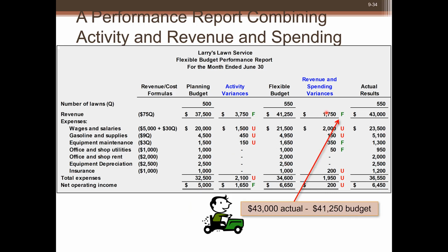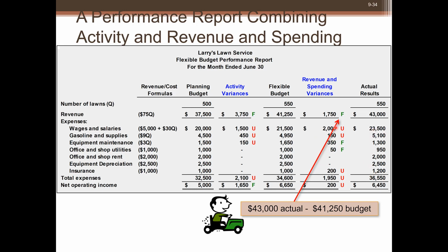For revenue variance, that's the difference between flexible budget revenue and actual revenue. Actual revenue is higher than budgeted number, so it's favorable. For spending variances, there are the differences between flexible budget expenses and actual costs.